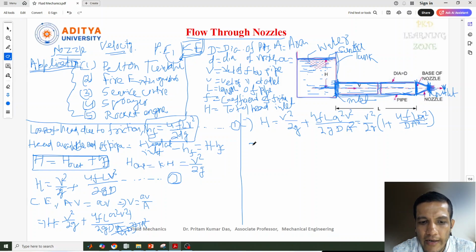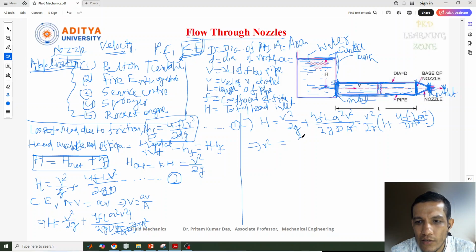Now finally what we'll get here? What is our requirement? Finally our requirement is to find out the value of V. This V square we got already. So V square equal to, let me write here, this is small v actually, not capital one. So small V square equal to what can we write?